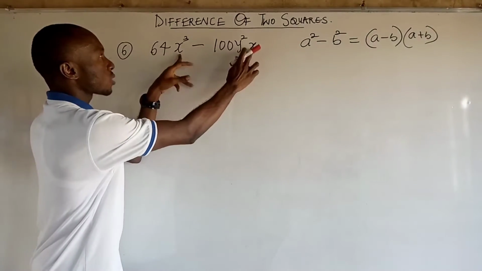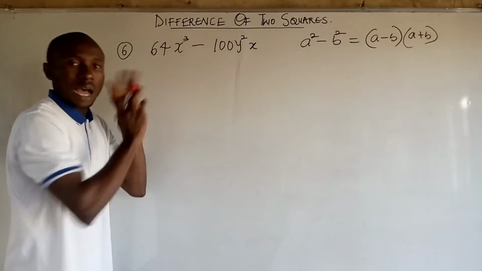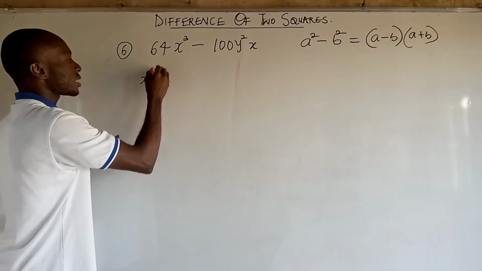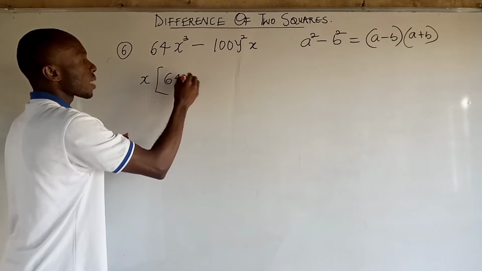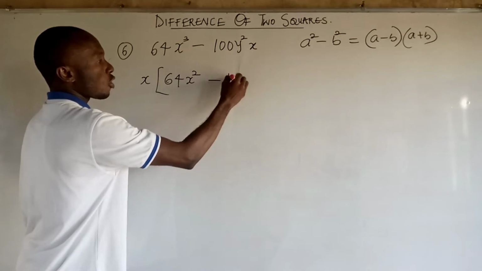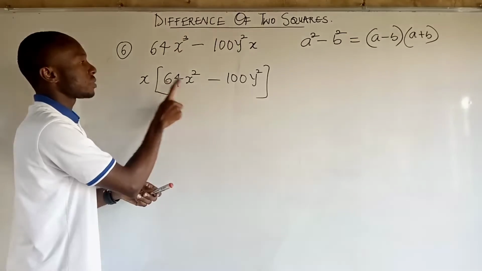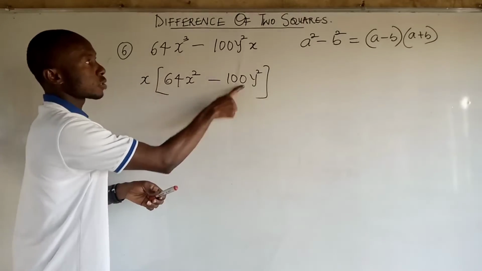So I need to factor out x so that I can have x squared here, and I'm good to go. So if I factor out x, I will have x into 64x squared minus 100y squared. As if to say x times this will give me this, and x times this will give me this.